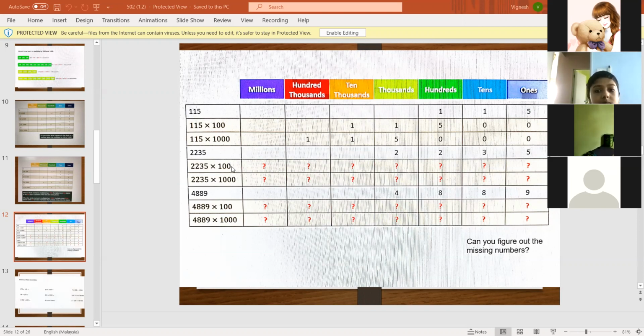No, wrong. 2,235 multiplied by 100. So it's 22,000. No. Adish, you can use the calculator. Teacher, I know. Wait, you can try for the 1,000.